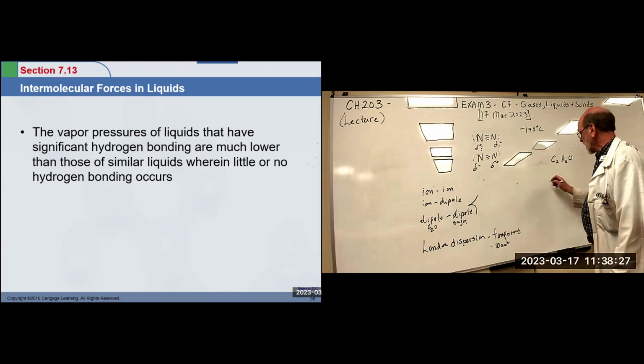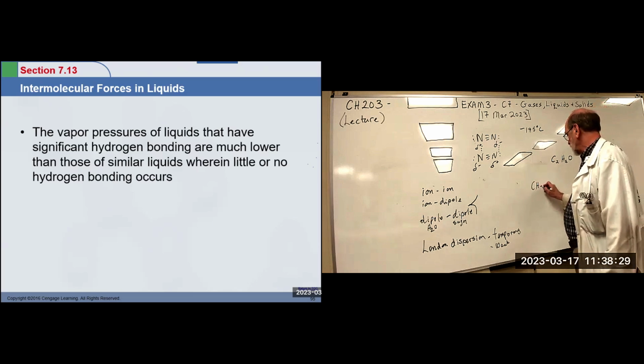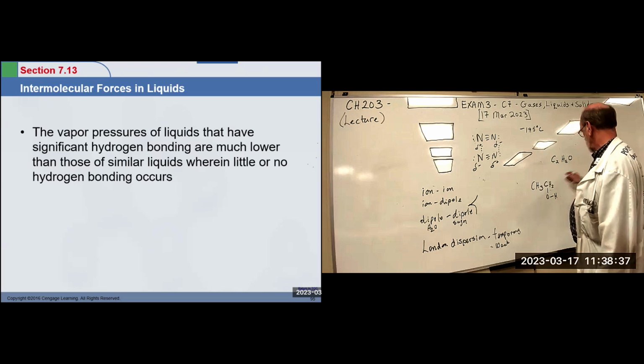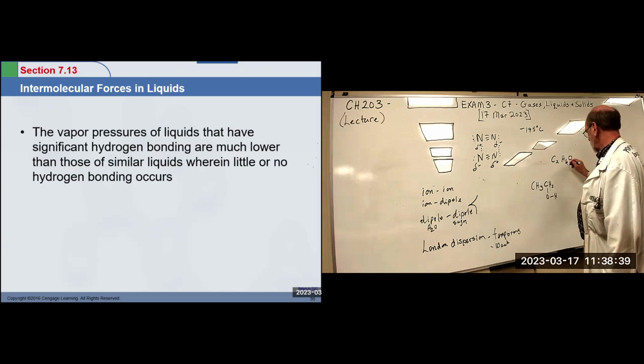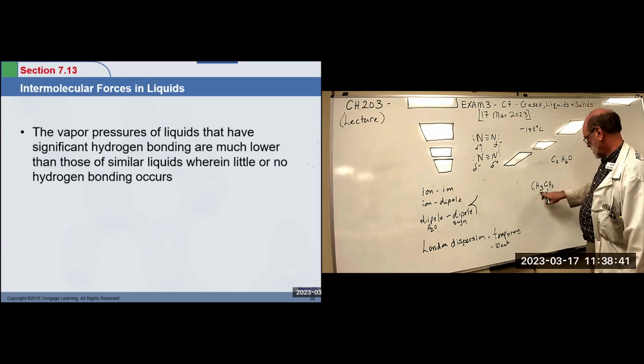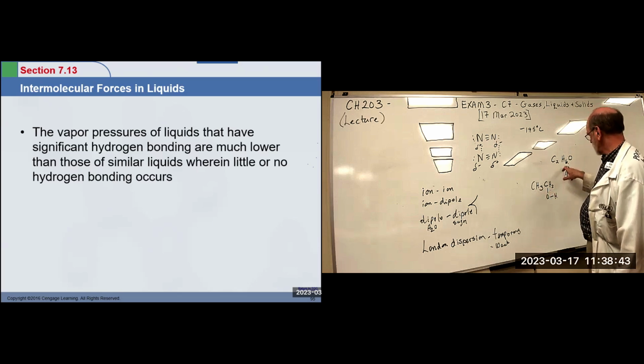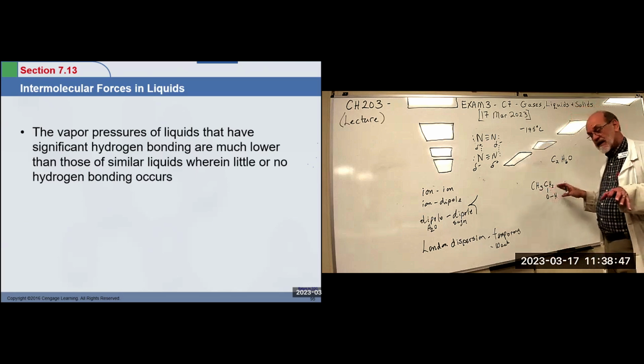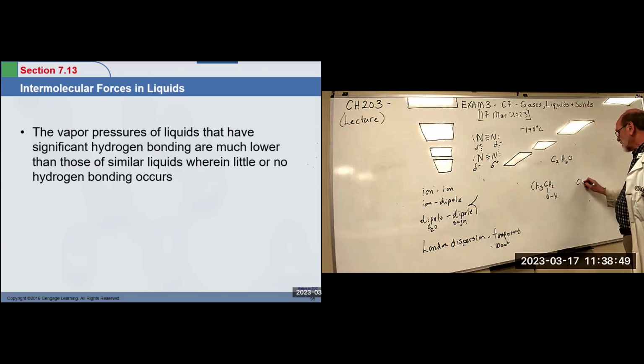We can draw that formula like this, CH3, CH2, OH. That's C2, H6, O. Three hydrogens, six hydrogens, oxygen. Okay, we can draw it like that, or we can draw it like this.